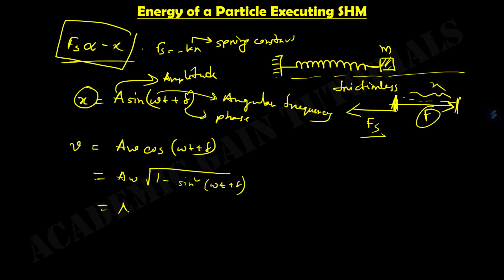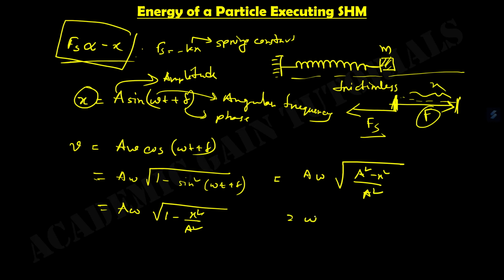So I can write this as a omega root over 1 minus x square by a square. Then I can write this as a omega root over a square minus x square by a square, or omega root of a square minus x square. So this is the equation for calculating velocity.